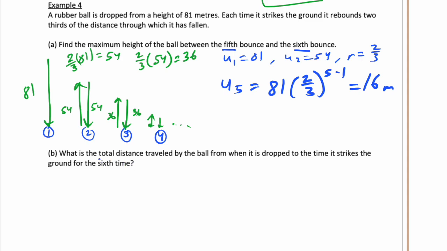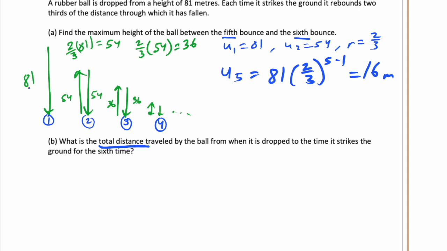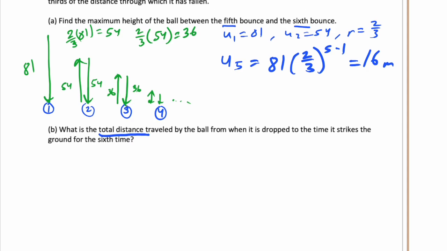And then we need the total distance traveled, but we have to be a little bit careful with this because here we've got 81, and we've got 54 twice, and we've got 36 twice, and we've got the next number twice. Every number's doubled. So you can think of it as two different series. One series starts with 81.